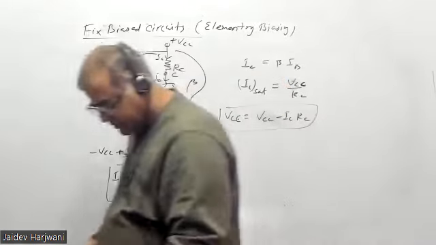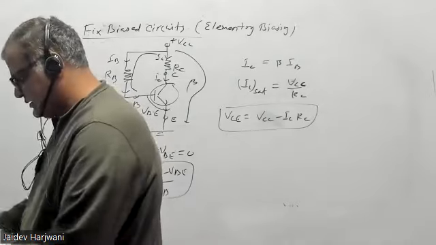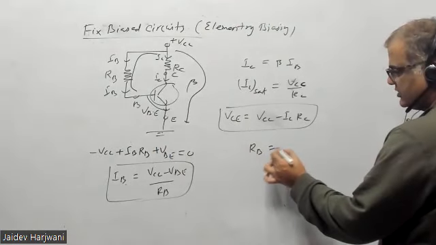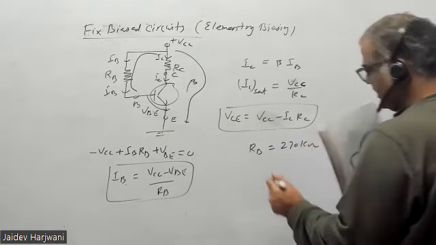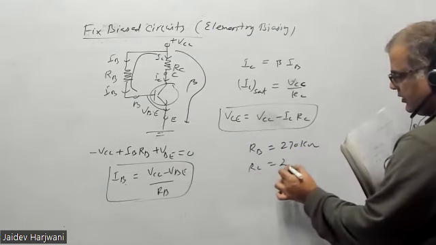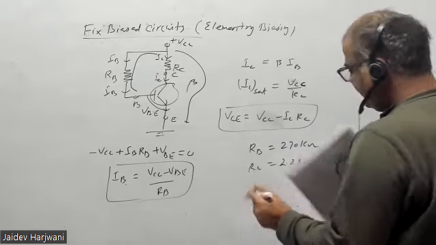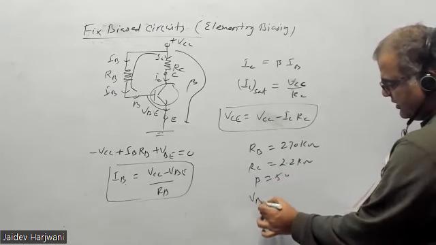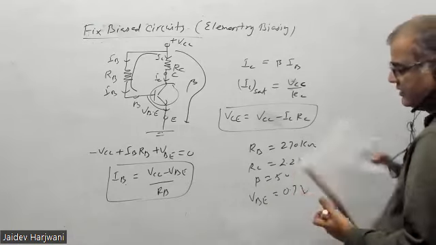So I'm giving you one problem on this biasing. You have been given the RB value, 270 kilo ohm. RC value 2.2 kilo ohm. Beta you can take 50, and VBE you can take 0.7 volt.